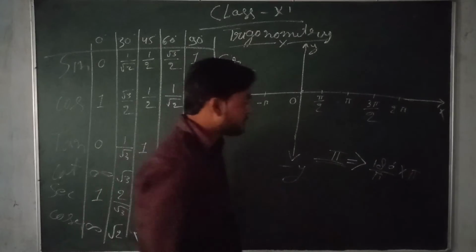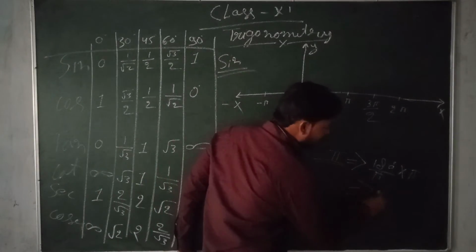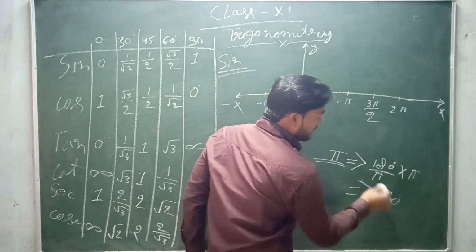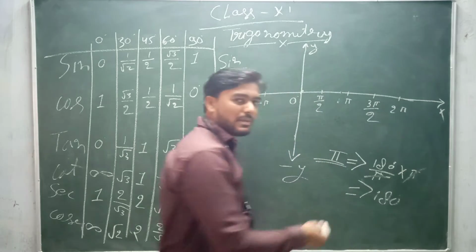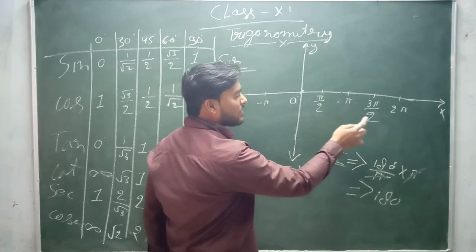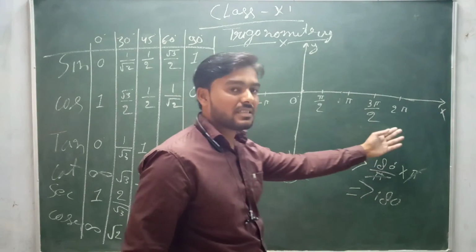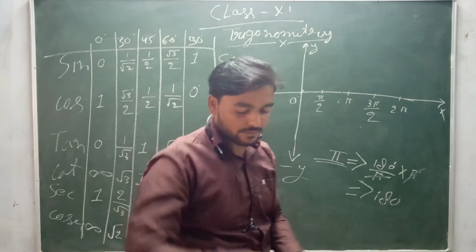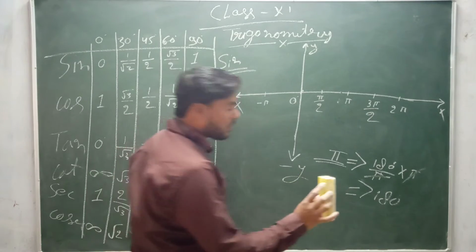Taking pi, pi and pi cancel, so it equals 180 degrees. So 180, 90, 270, and this is 360, a complete revolution. Is there any problem?